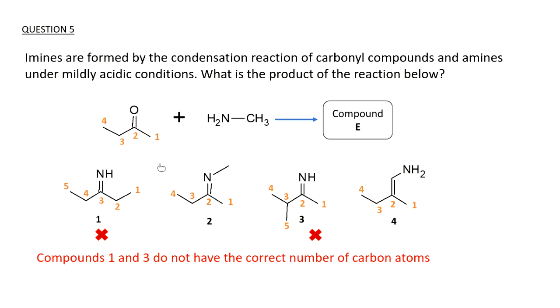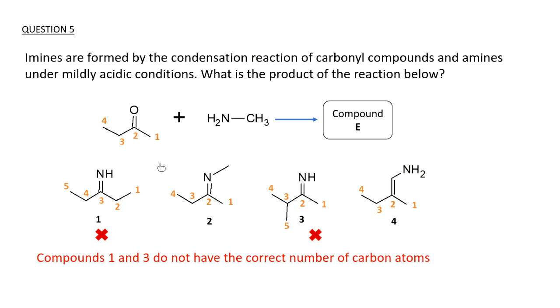If we number our starting ketone, we recognize that we can already eliminate option 1 and option 3. They do not have the required number of carbons. If we look at option 4, we see that the nitrogen is not bonded to the carbon.